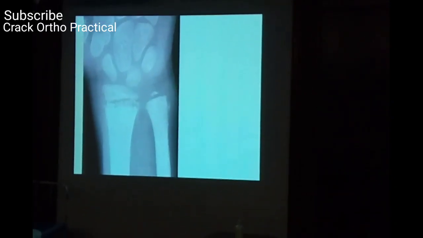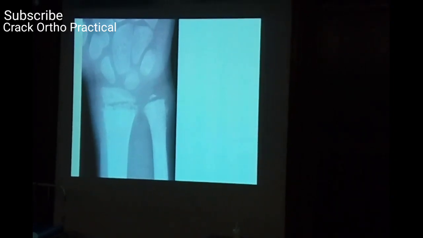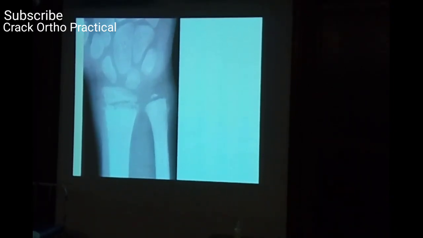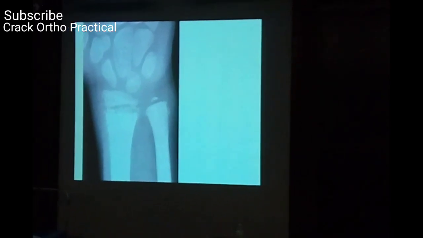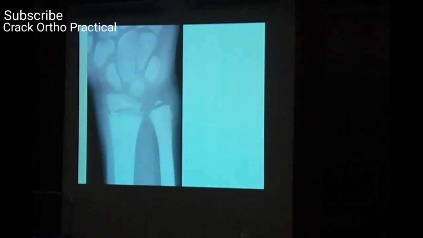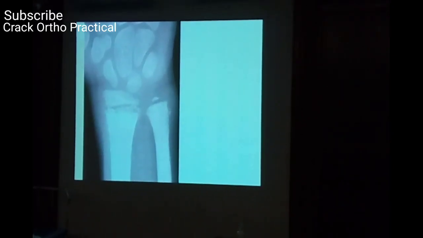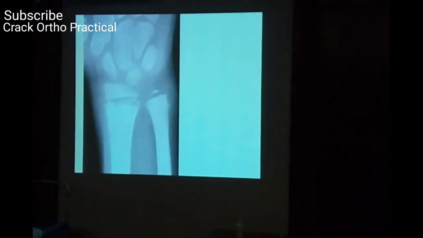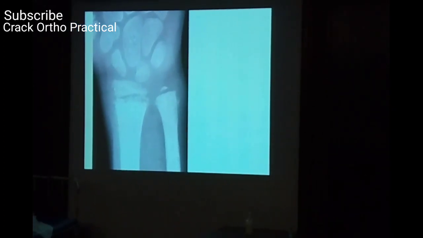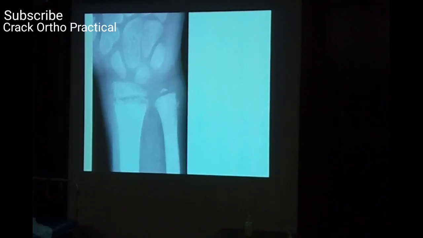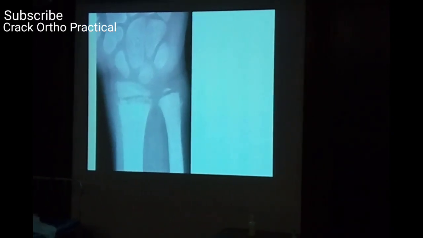Anybody? Scurvy. What do you see in scurvy? Pelican spur, I heard. Who said pelican spur? So what do you see, pelican spur here? What is pelican spur? What else do you see in scurvy?